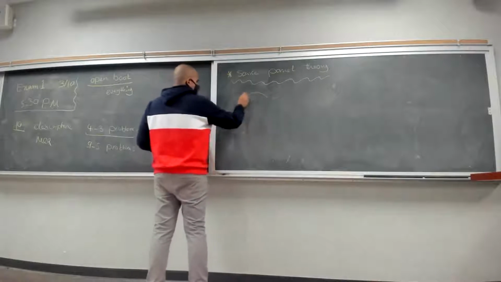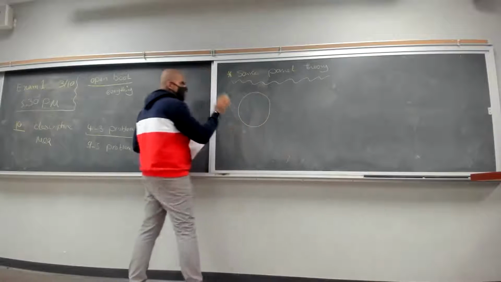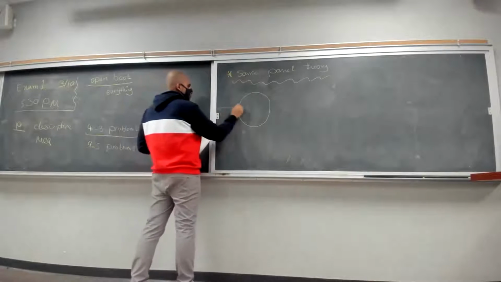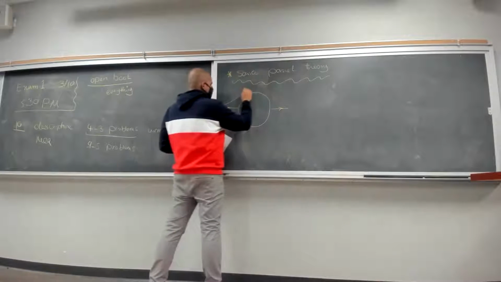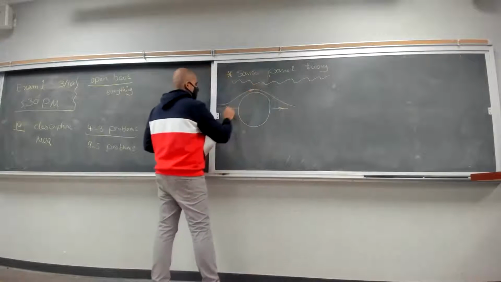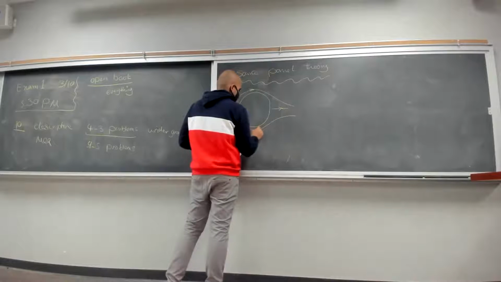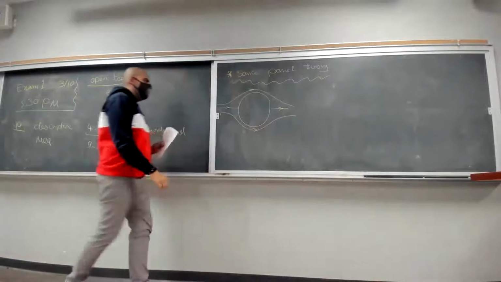Let's actually start by solving the example from the beginning. The idea was we wanted to use this source panel theory to solve the non-lifting flow around a circle. That was the main idea.